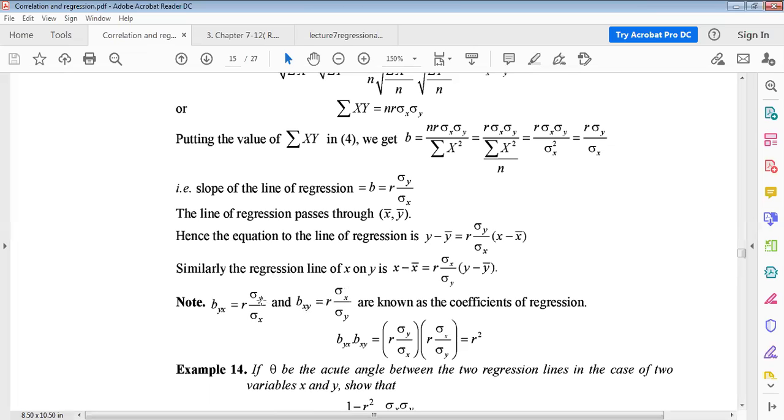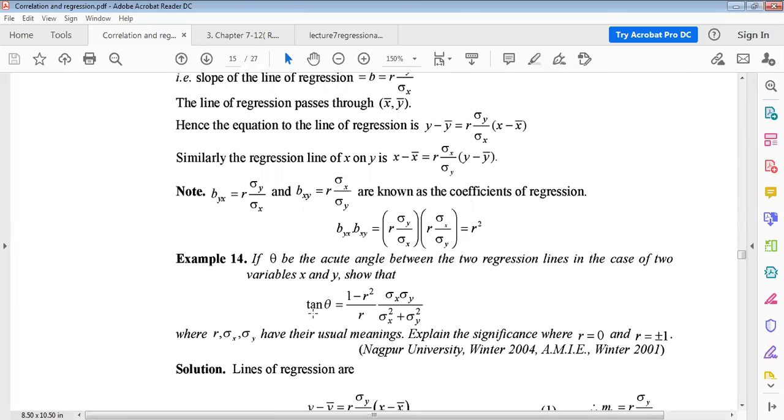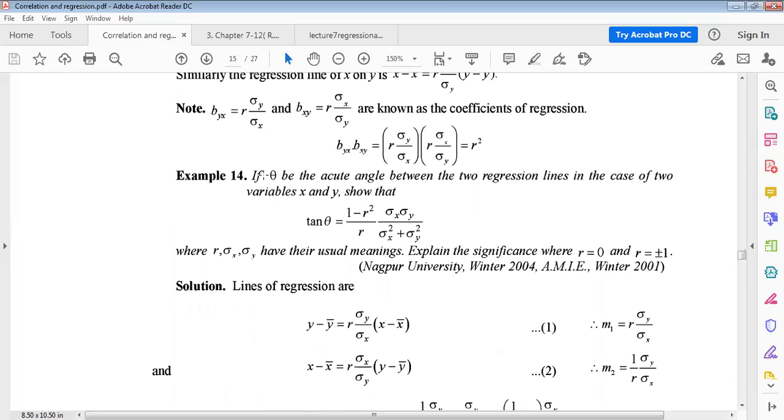So these two combined give the coefficients of regression. Remember it. And if we multiply these two, we get r square, which means the correlation coefficient squared. Here r is the correlation, and b is the regression coefficient. Remember it.